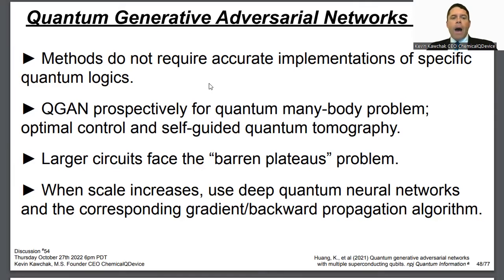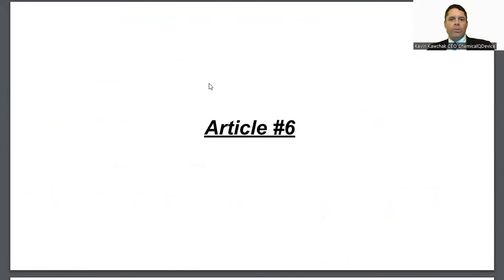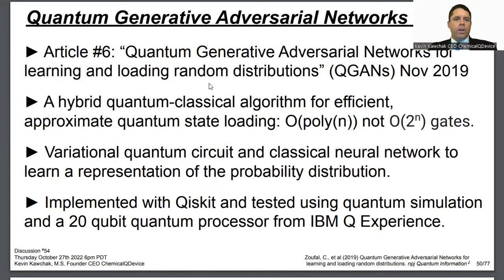And then keeping in mind, with all these bigger circuits, you get barren plateaus. So just with more qubits, the ability to have wide plateaus just inherently gets shorter or narrower. And then, it's basically saying you can use deep quantum neural networks and the corresponding gradient backward propagation algorithm as well. So here's Article 6. So this is another QGAN.